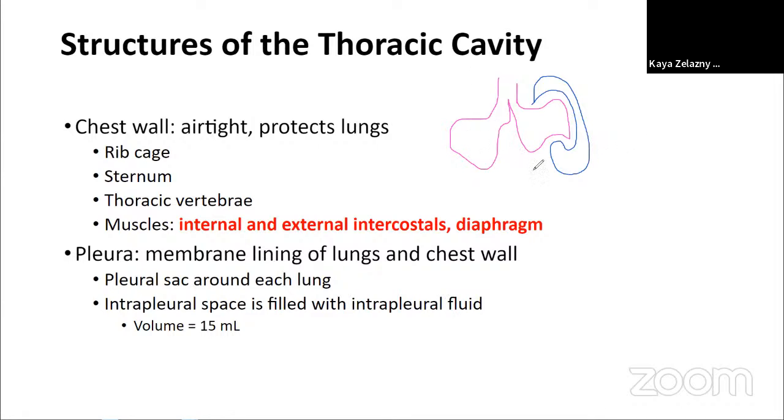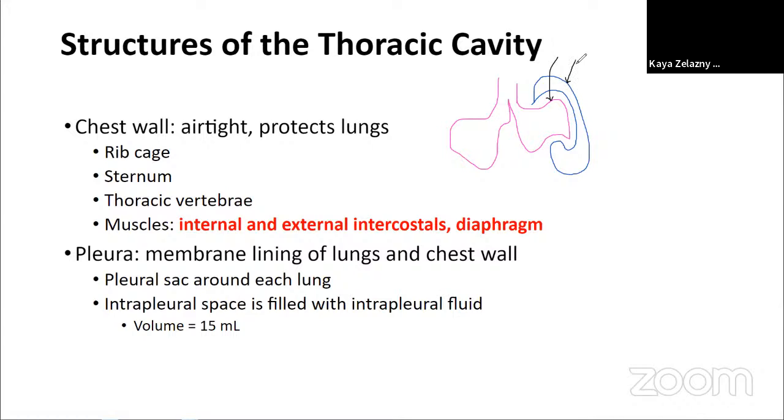So when we talk about the pleura, sometimes we'll see things refer to visceral pleura. Visceral always refers to an organ. So that would be the part of this lining that's on the lung. Parietal always refers to a wall, like pared means wall.